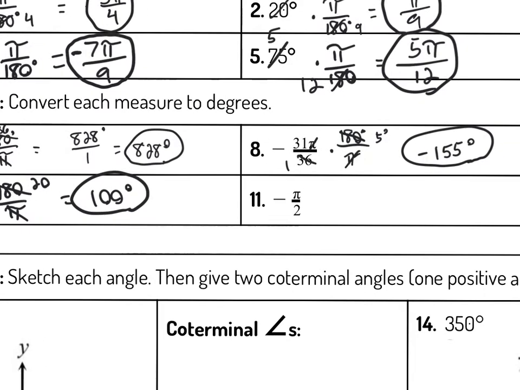Okay, negative pi over 2. So the pi's will cancel. The 2 will reduce this to a 90. That equals negative 90 degrees.